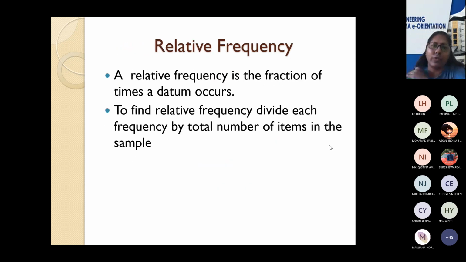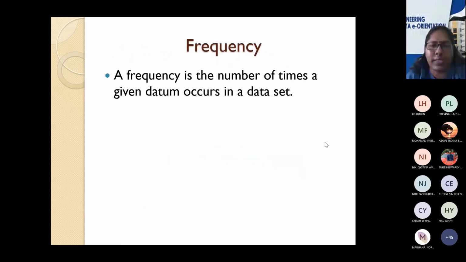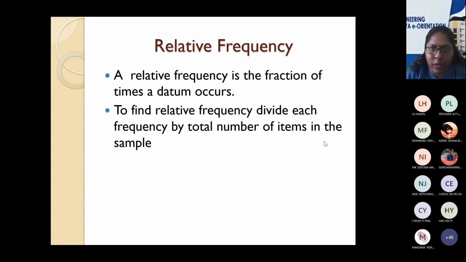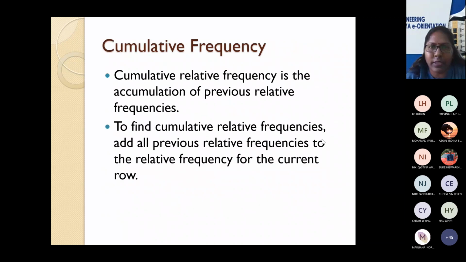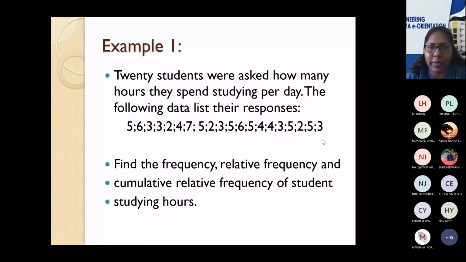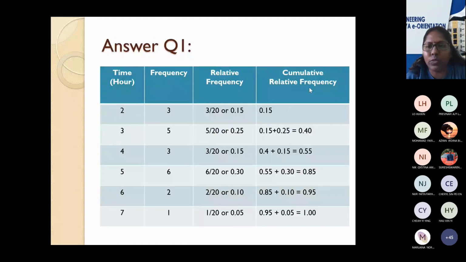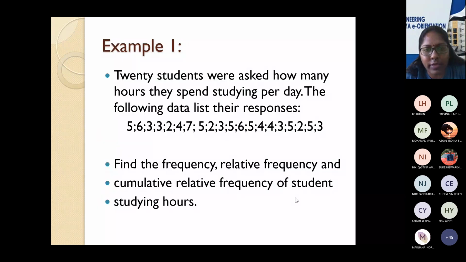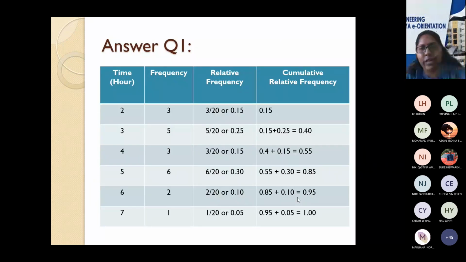Okay, and then you were introduced to frequency. So you had relative frequency and cumulative frequency. Then I gave you some examples to understand what cumulative frequencies are. This must be very simple because you've done this in school, and it's just refreshing your memory.